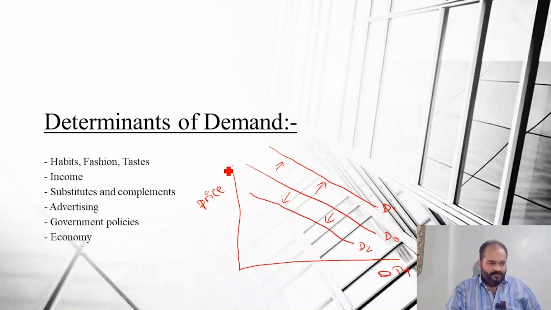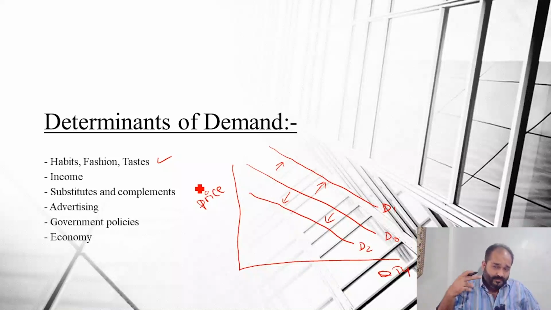So all of these determinants that you see, fashions and taste. If fashion and taste changes, let's say we remember some years ago there was a fashion for fidget spinners. I also got a fidget spinner actually, for myself. It was said to be a stress reliever. So apparently the demand for those fidget spinners increased drastically around the world, right?